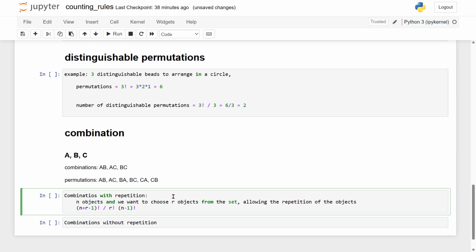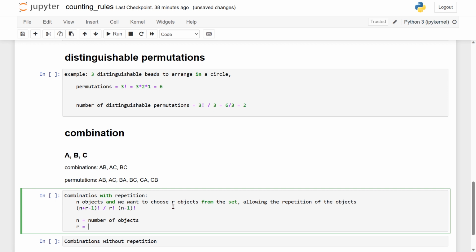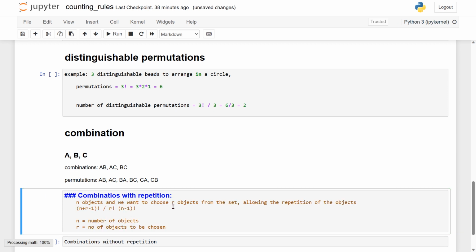This is with repetition, where n is the number of objects and r is the number of objects to be chosen.